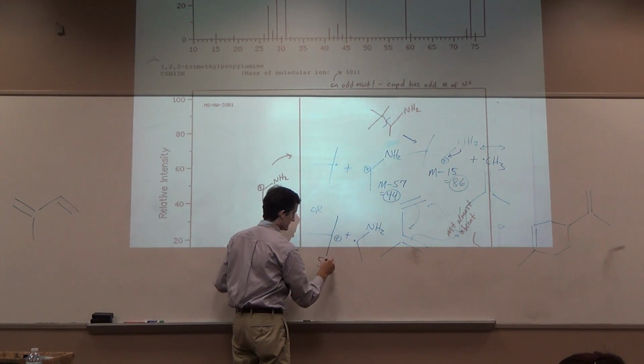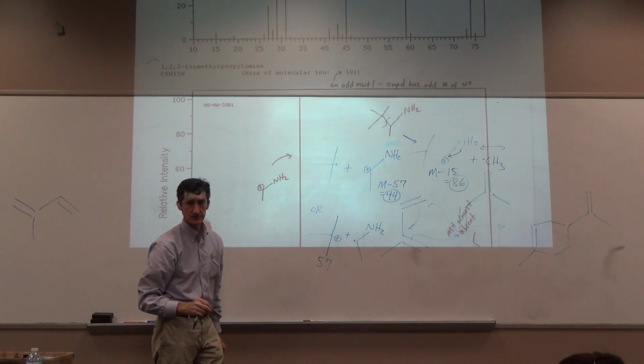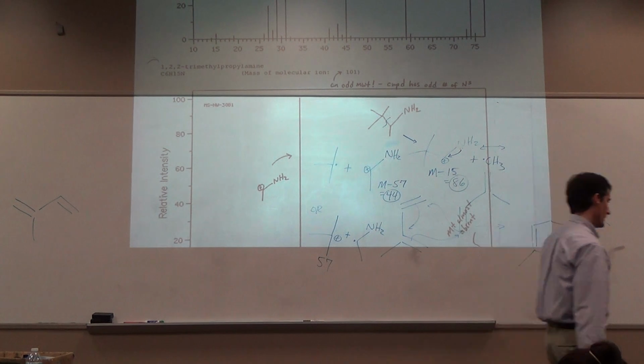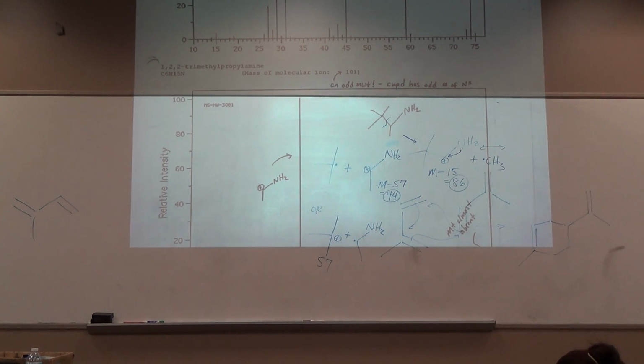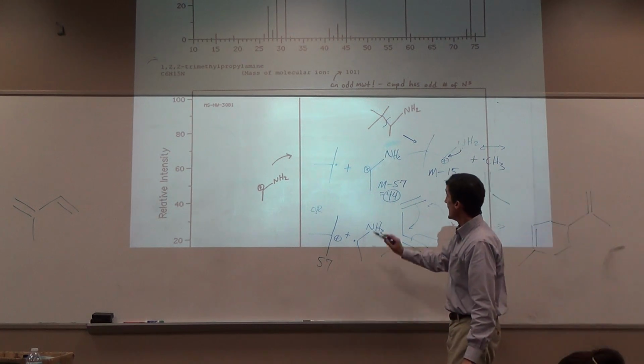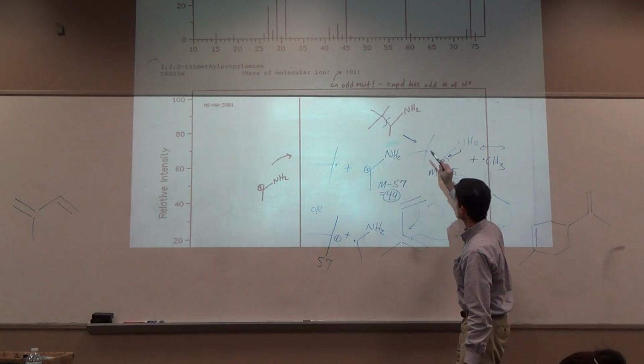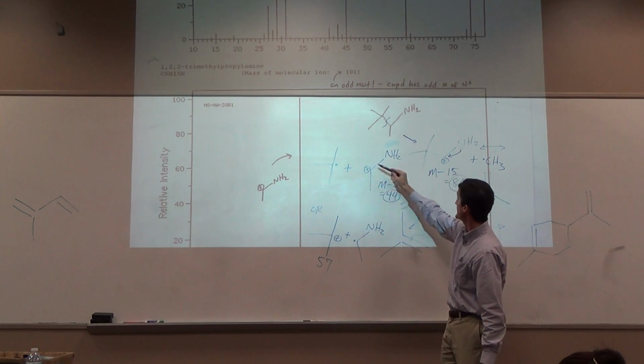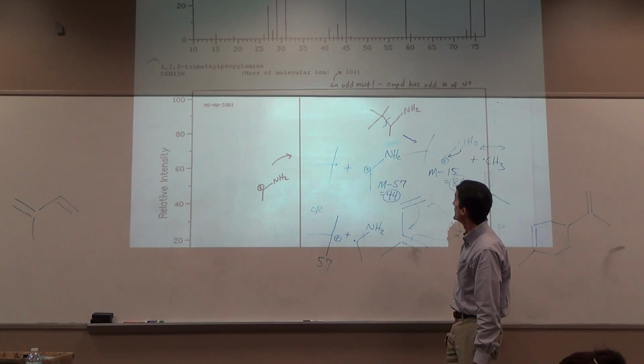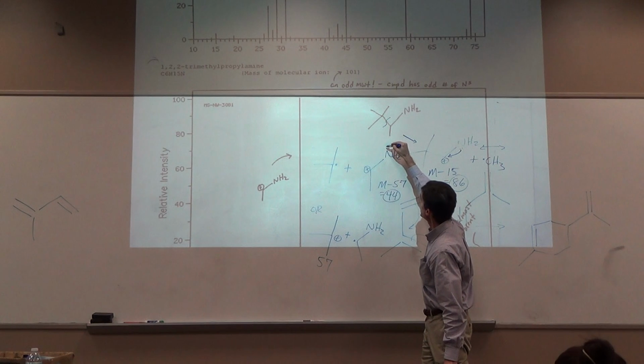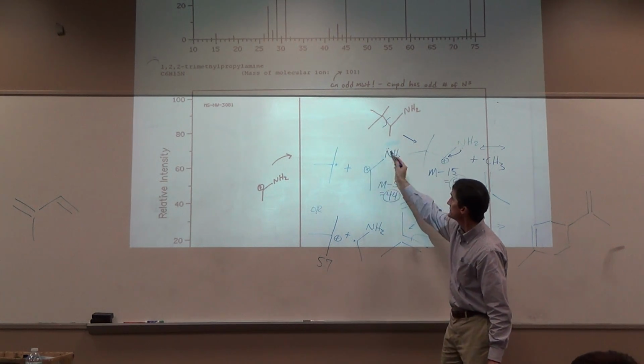It's 57, isn't it? Do we have a peak at 57? Tiny one. Very tiny, so that wasn't that major. Apparently it liked to cleave to make this resonance stabilized cation. Okay, I'm assuming everybody can do resonance now. So resonance structures here.